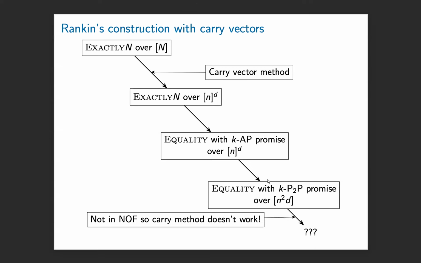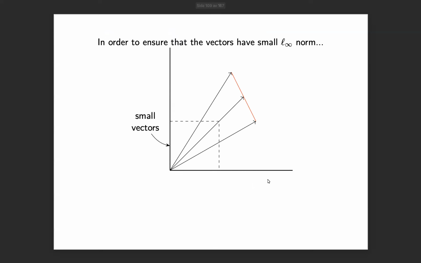But the problem here is that when we want to try to convert from numbers to vectors here, we're not in the number on forehead setting. So the carry method that I described to you doesn't work. The problem the carry vector method was trying to solve is that maybe we have vectors that are way up here. They have way too high values at each of their coordinates.